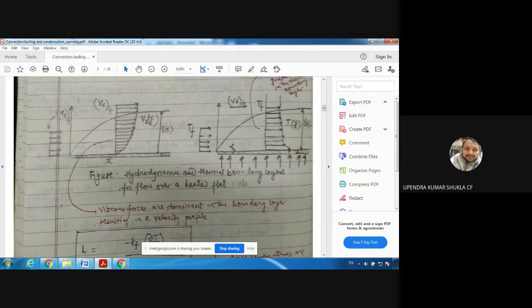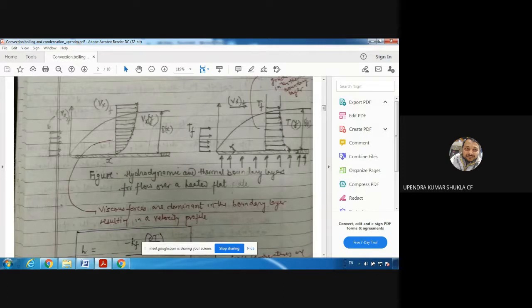So the temperature of the fluid is Tf, a uniform temperature. When this fluid with temperature Tf strikes the solid surface, which is at a higher temperature, then due to the no slip boundary condition with respect to temperature as well, the layer nearby the solid tries to attain thermal equilibrium with the solid surface, and the temperature will be equal.